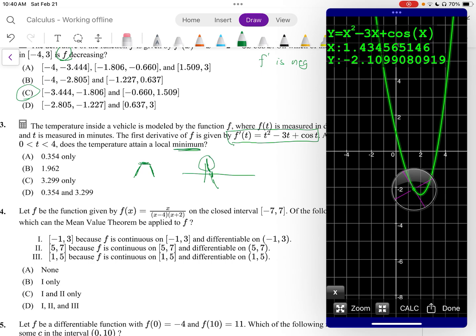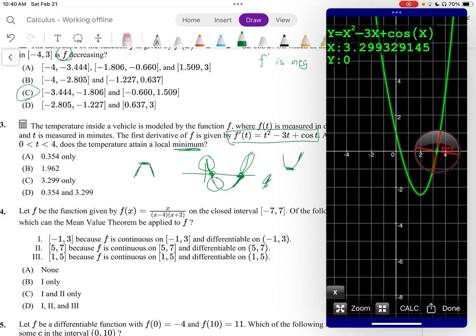When it goes from negative, so it's under the x-axis, so that's a negative slope, to 0 to positive, then that's a minimum. So there's a local minimum at that second value, which is 3 point something. So it looks like it's 3.299.